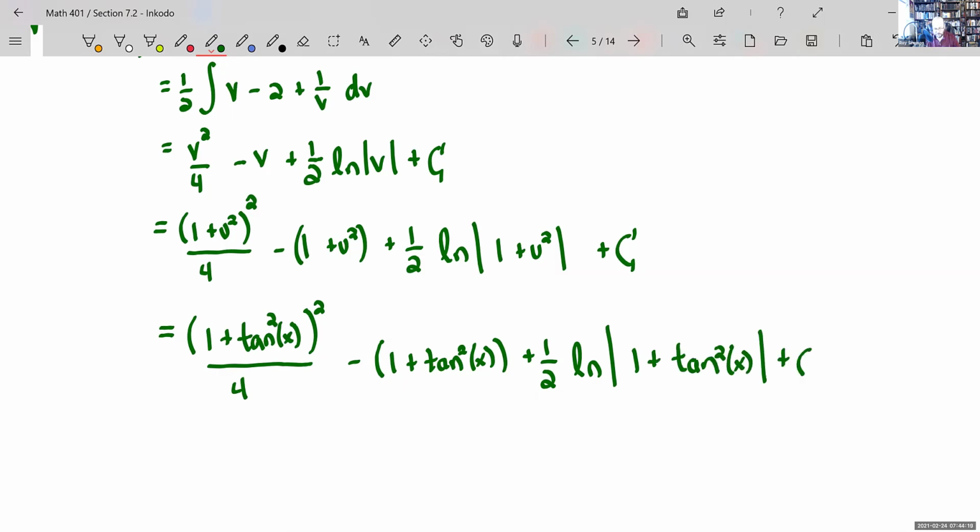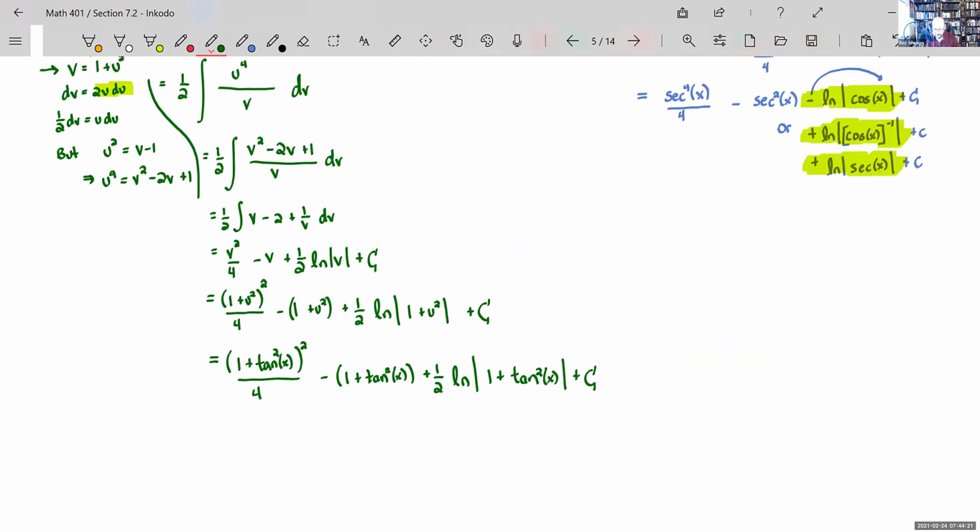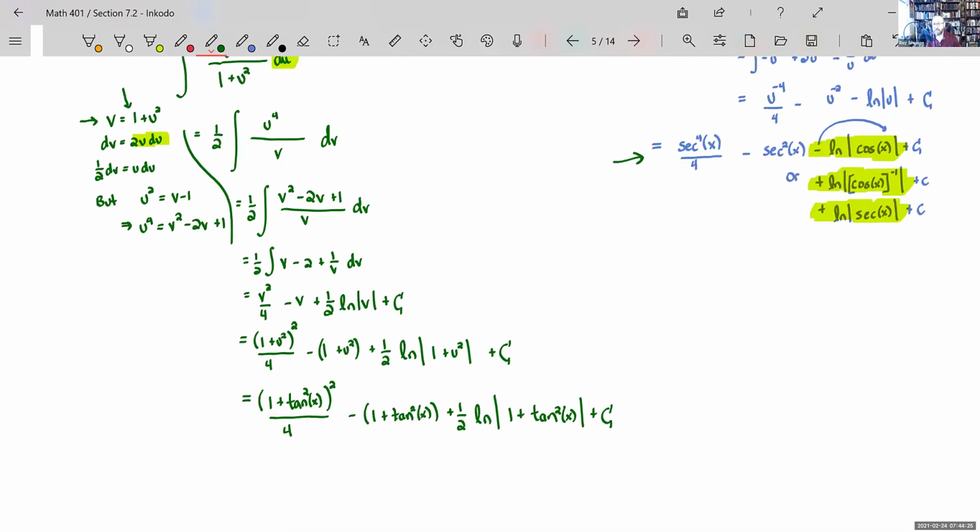Notice this answer does not look like the answer right here. Completely different forms, same answer though, I promise. 1 plus tan squared is actually secant squared. So 1 plus tan squared, squared, is secant squared squared, or secant to the fourth over 4, minus 1 plus tan squared, which is minus secant squared, plus 1/2 natural log absolute value of secant squared.